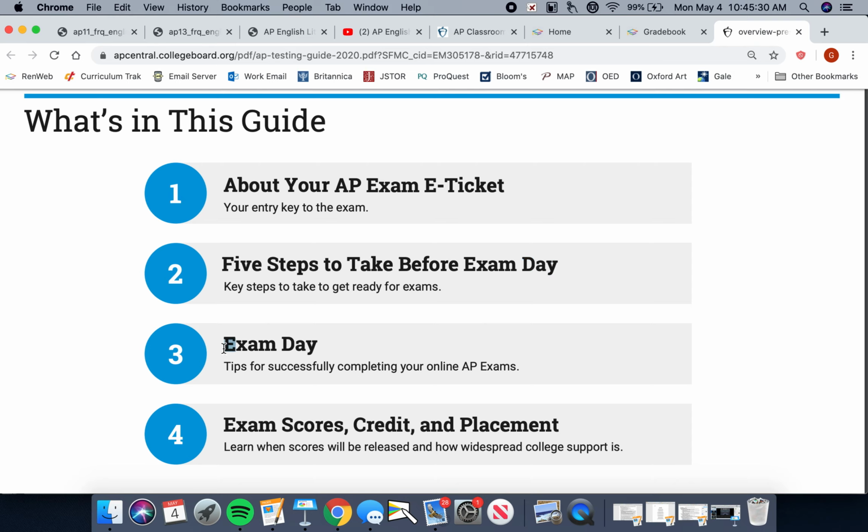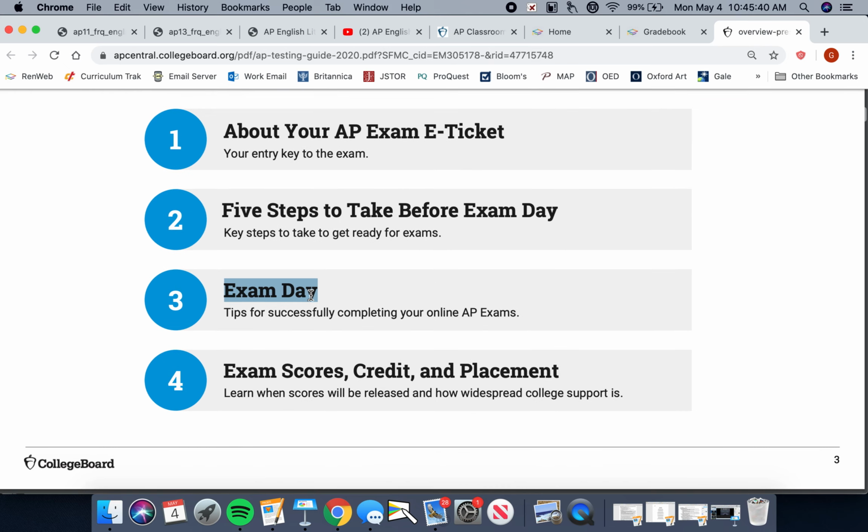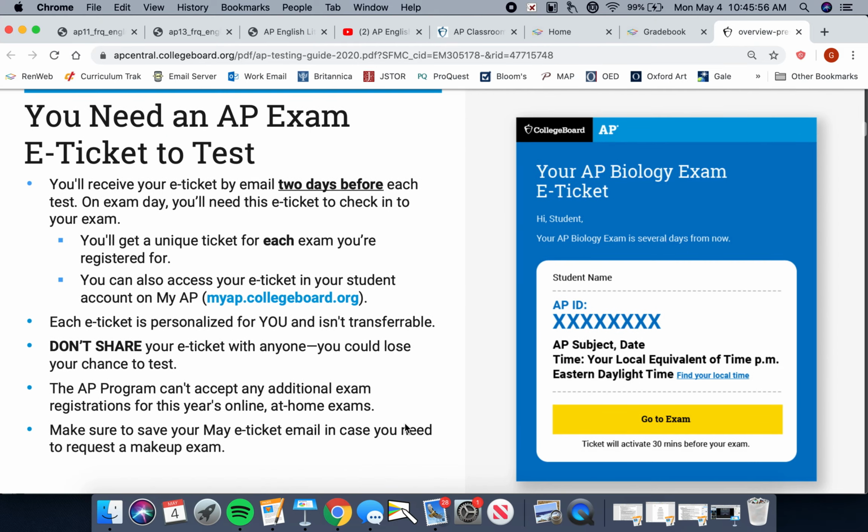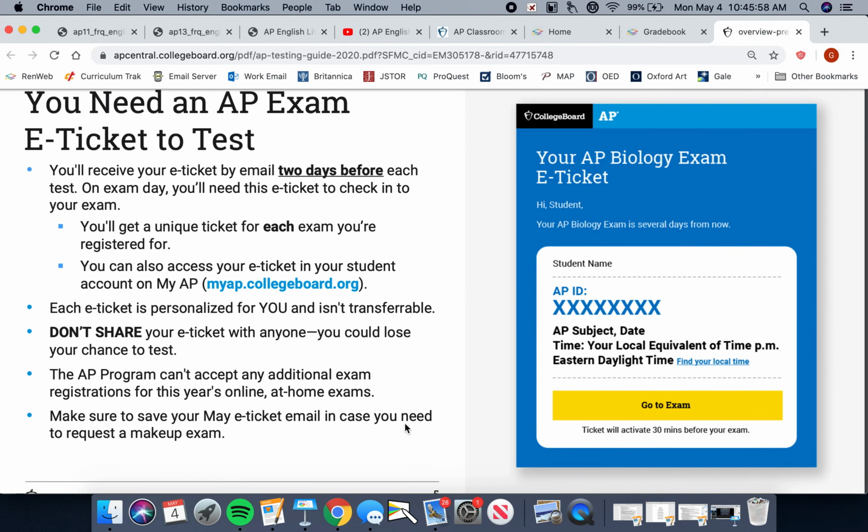Then it's going to explain what the exam day is going to look like and what the procedure for submitting your work is going to look like. There's going to be a variety of options you can use to get your work to the College Board, and you need to figure out what strategy you are going to use and make sure you are executing that on the day of the exam. And then it's going to explain some stuff about scores, credit, and placement. So this document, you just need to read through it.